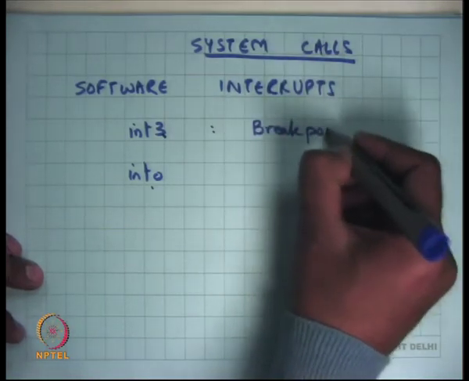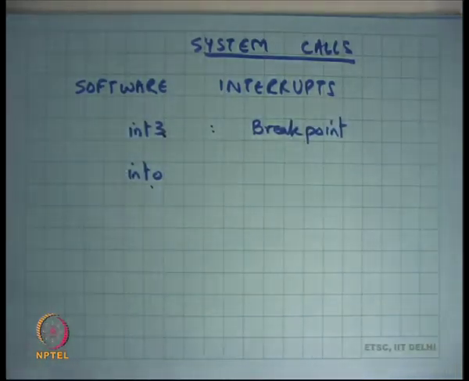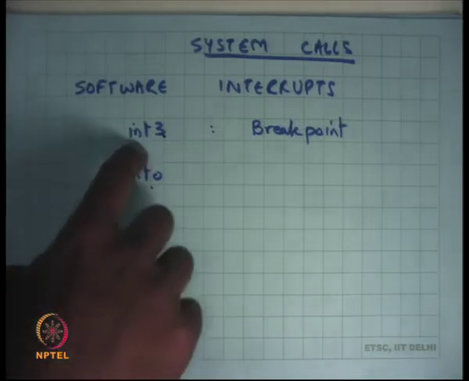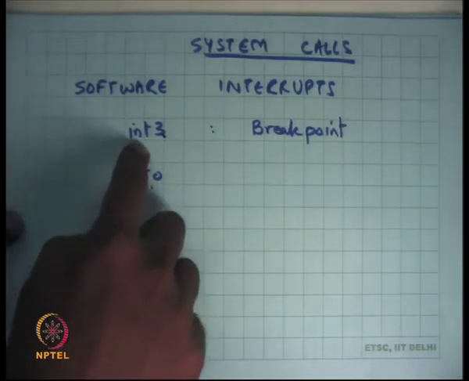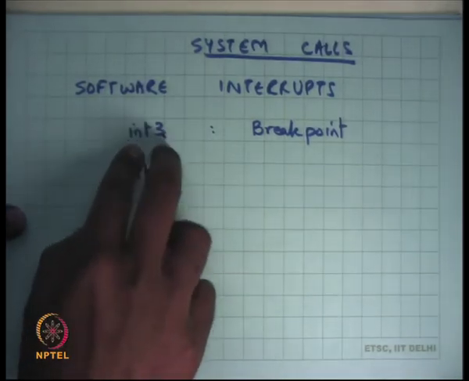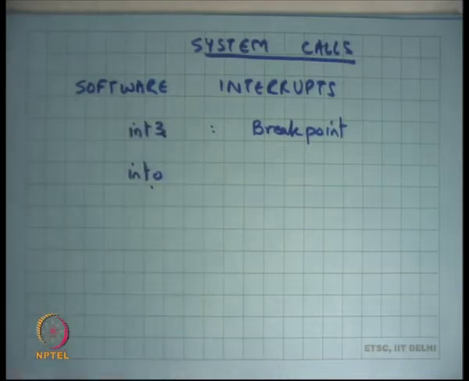If you have wondered how GDB works, for example, if you put a breakpoint at some point, you say I want to stop the execution at this particular value of the instruction pointer. One way GDB does that is by writing this particular instruction, int 3, on that particular byte.